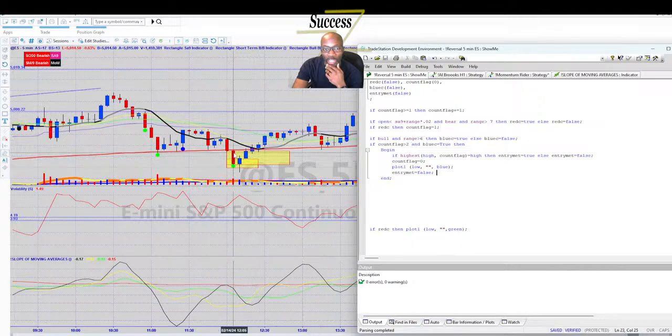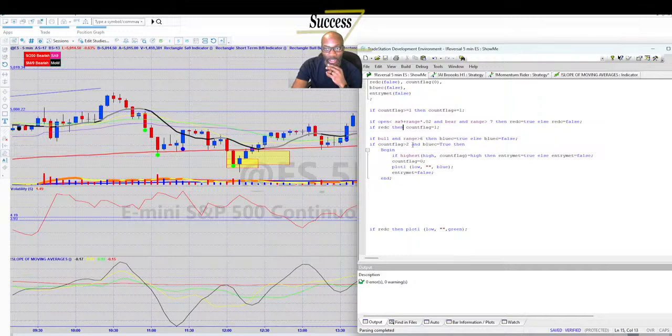So if we get that red candle, then we need to turn off red candle if the high passes the high of the red candle. So red candle and count flag equals 1. If bull in range greater than 6, then blue candle.